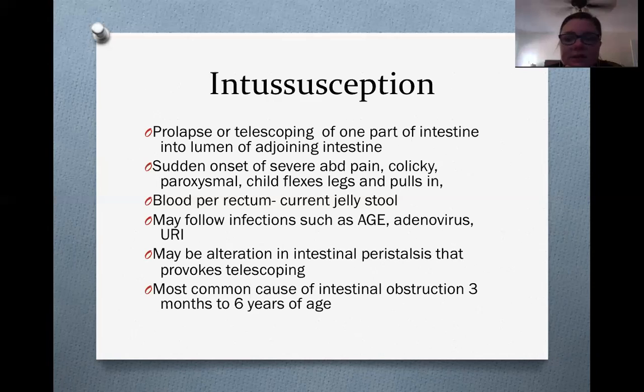And so what you see when a child is having these spells or paroxysms of this severe abdominal pain, usually they will have a bloody stool, and it's kind of like a jelly consistency. And what's interesting is a lot of times this can be like a post-viral occurrence. So maybe a week or two ago, the child had a stomach virus or had an upper respiratory infection, then they were perfectly fine, and now they're having these bouts of severe abdominal pain.